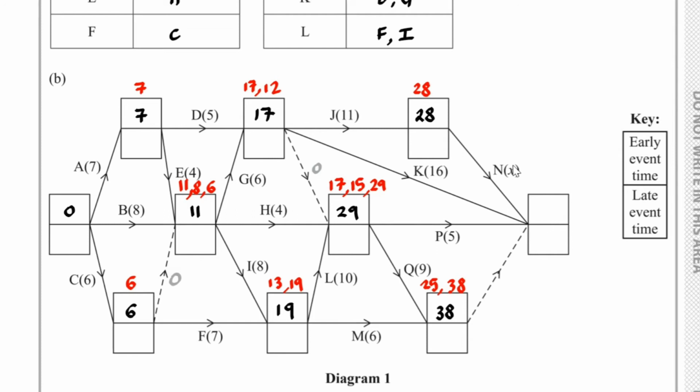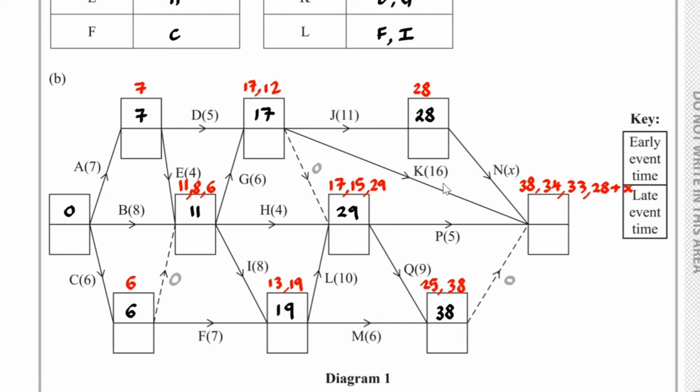Now, going into here, noticing that a dummy has a weight of 0, 38 plus 0 is 38, or we have 29 plus 5, which is 34, or we have 17 plus 16, which is 33, or we've got 28 plus x.